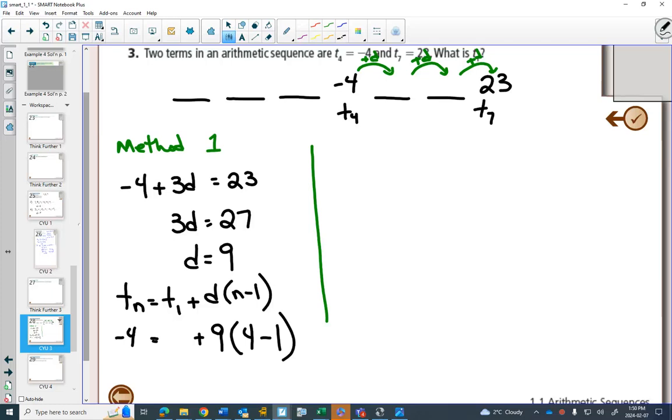It doesn't matter which one you plug in. What results is an equation where the only thing you don't know is term 1. So now you can use your algebra skills to get term 1 by itself. Order of operations, 4 minus 1 is 3. 3 times 9, I would get -4 is term 1 plus 27.